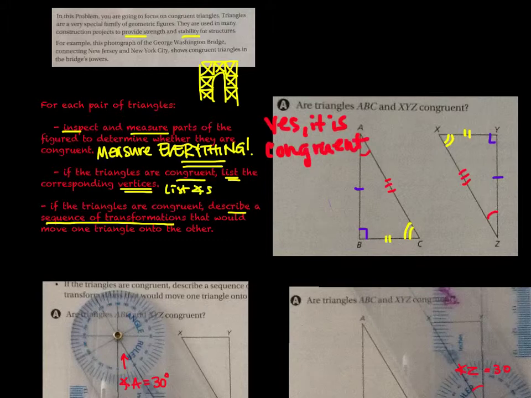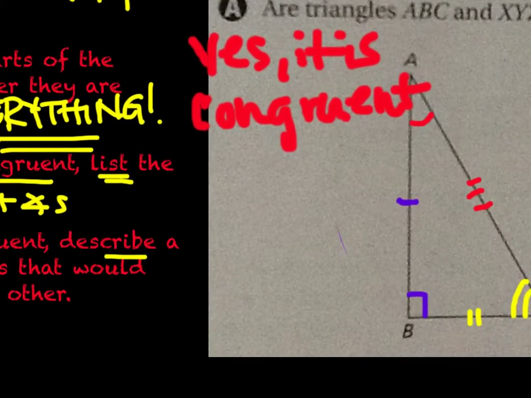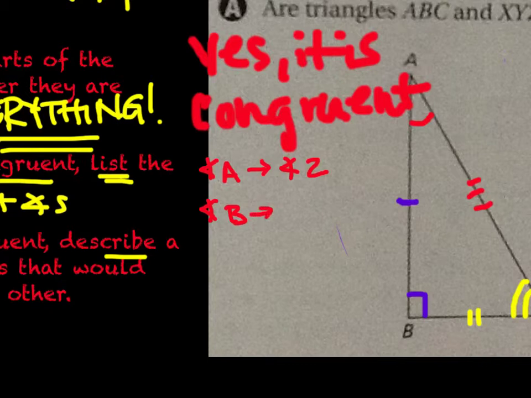Our vertices that correspond, we could say angle A corresponds to angle Z. We can also say that angle B corresponds to angle Y, and angle C corresponds to angle X.